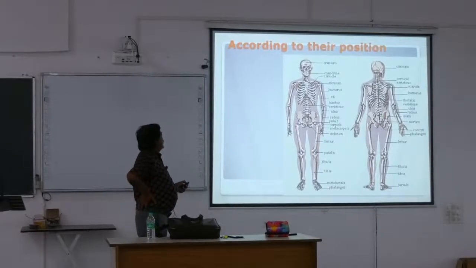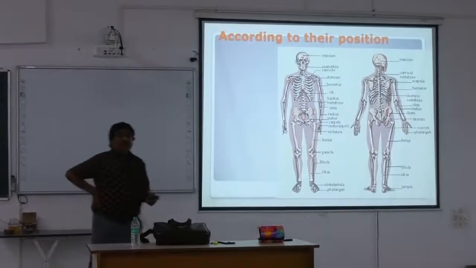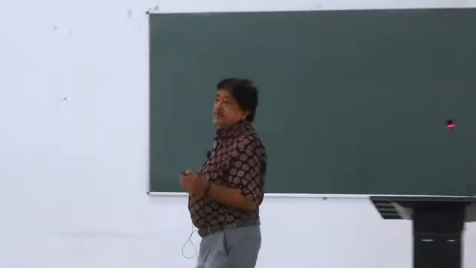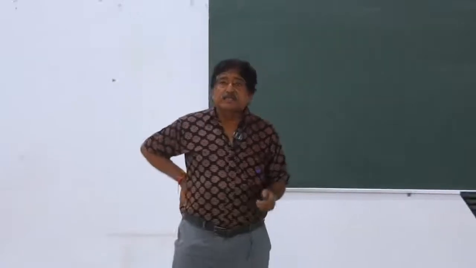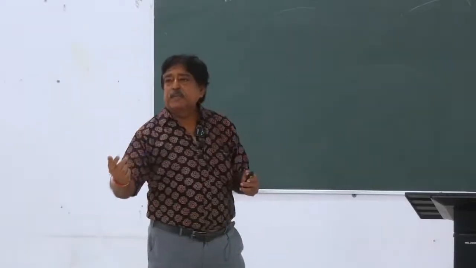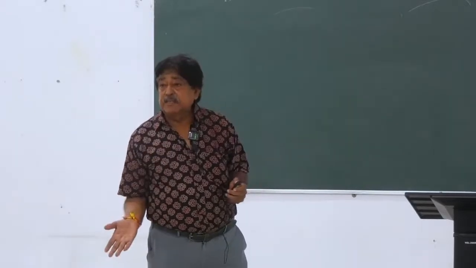Now the sternum, see the shape of the sternum here and see the shape of the sacrum. I told you when you attended my practical classes that the examiner may say pick up a bone, and you pick up a sternum and say it is sacrum.